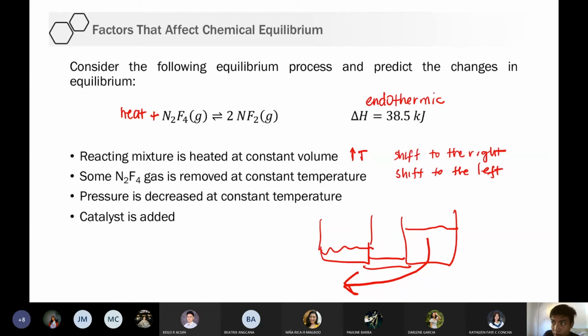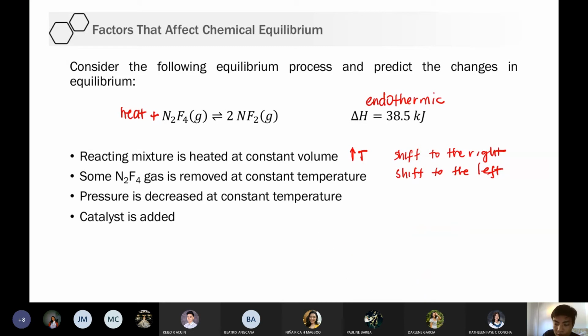So how about letter C? Pressure is decreased at constant temperature. In terms of pressure, according to the previous slide, an increase in pressure will favor the side with the less moles of gases.